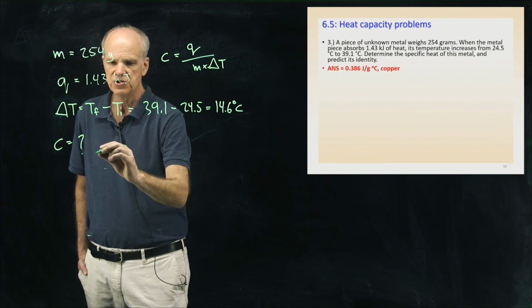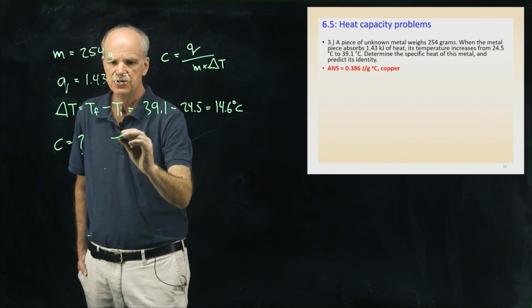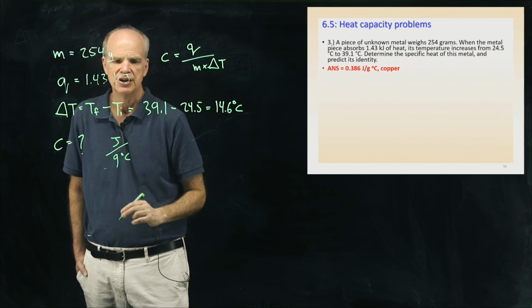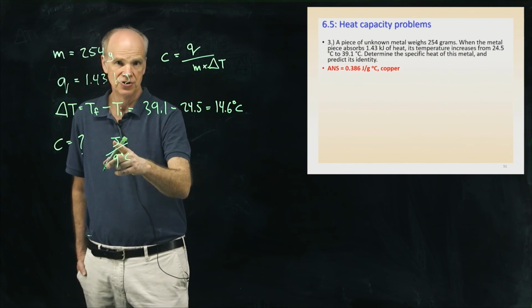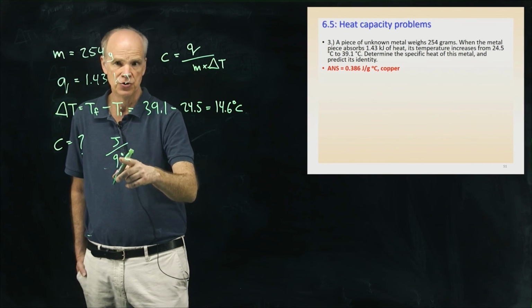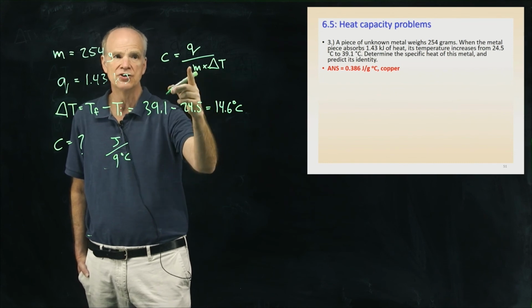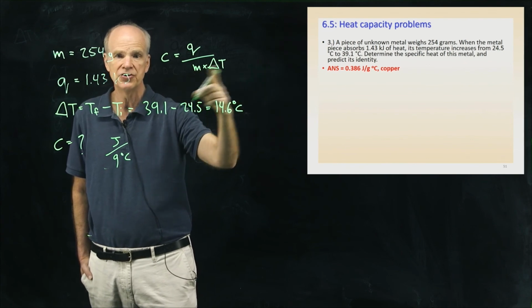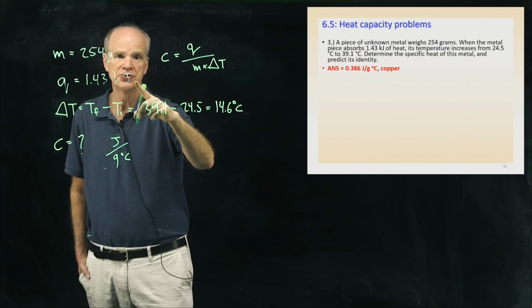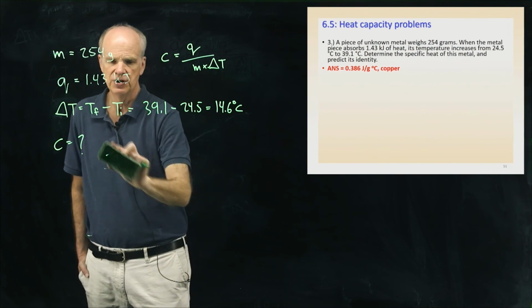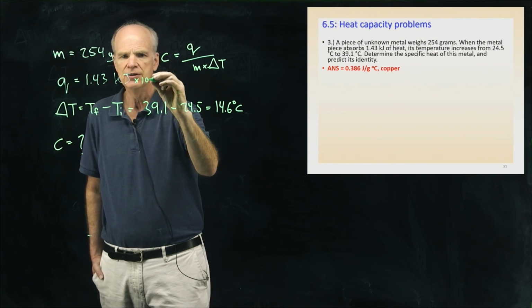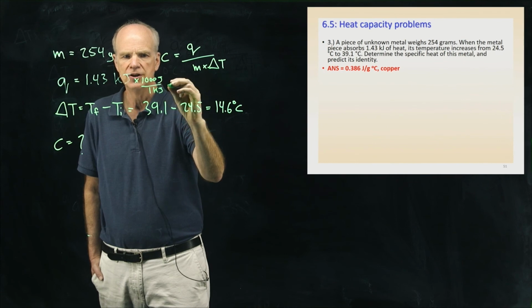The typical units we should end up with are joules per gram degrees Celsius, not kilojoules per gram degrees Celsius. So before we plug it into this equation, you must convert this kilojoules to joules. So it's going to be times 1,000 joules over 1 kilojoule.